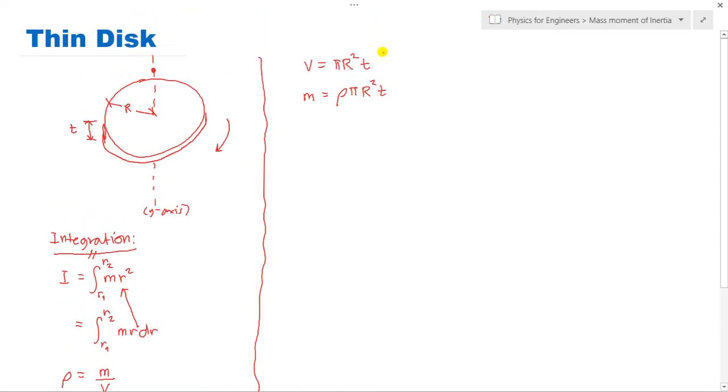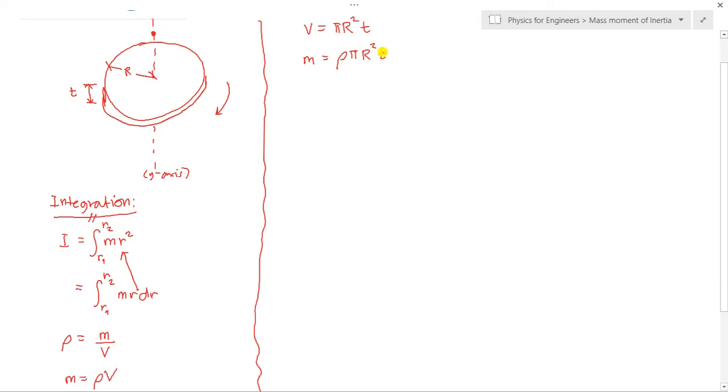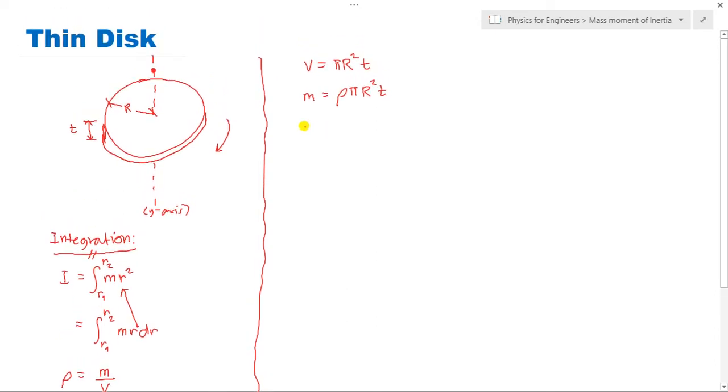Let's assume a variable for our radius. Based on the elementary definition, I equals m r squared, we assume that r here is a variable.